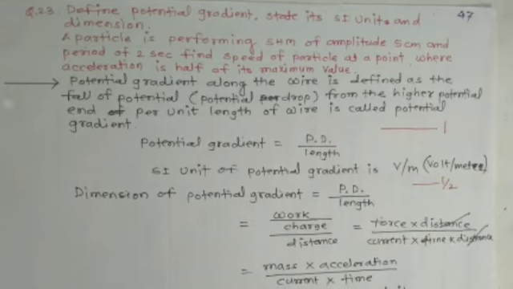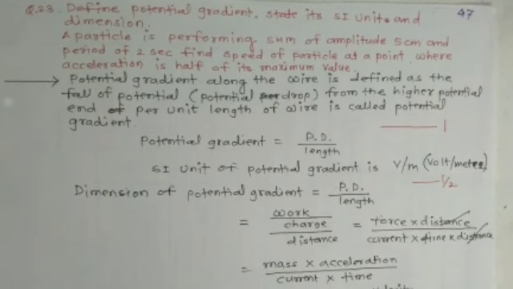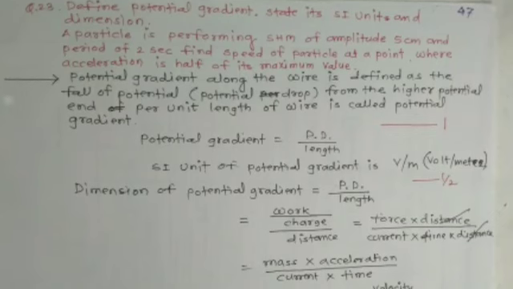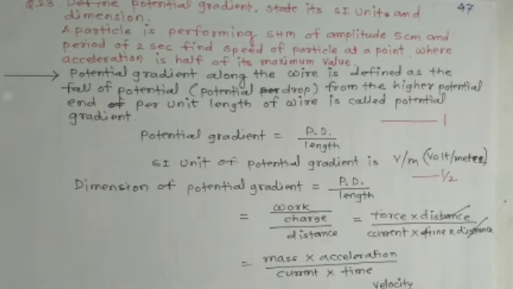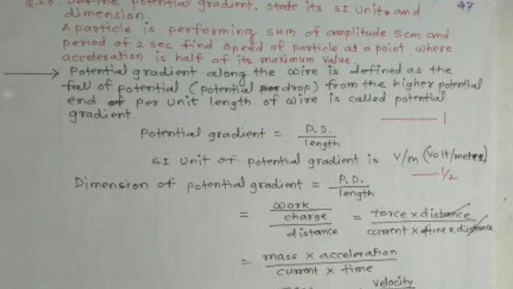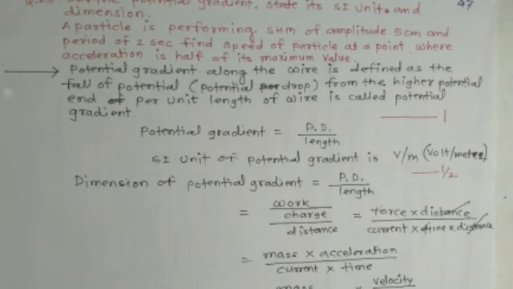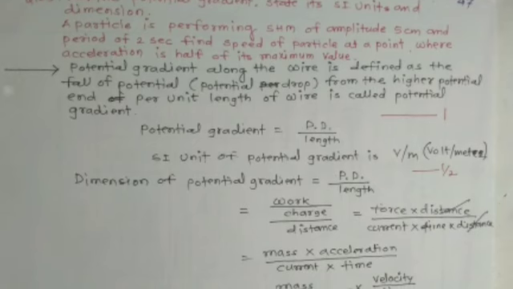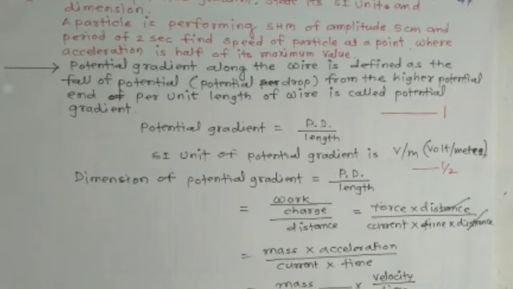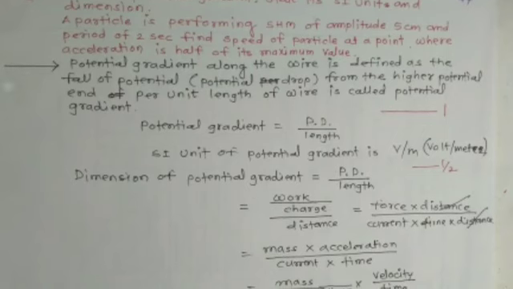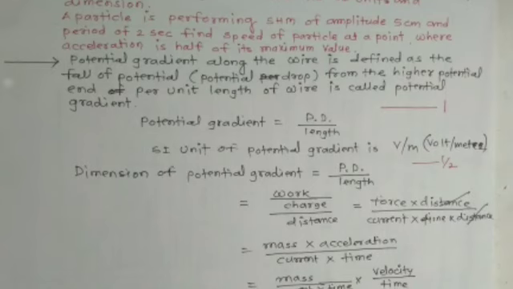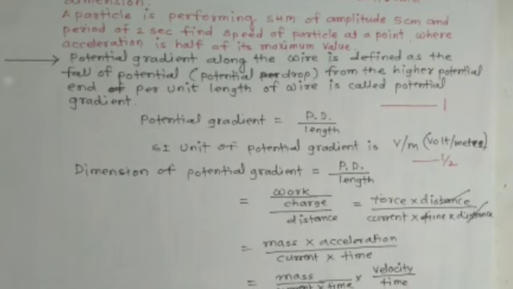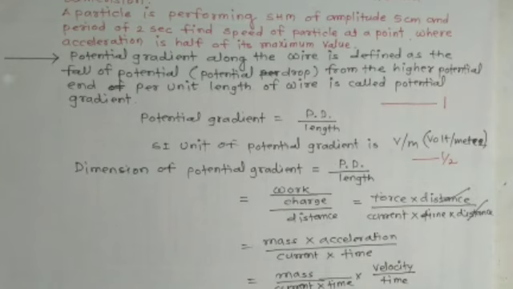Question number 23. Define potential gradient. State its SI unit and dimension. A numerical: a particle is performing SHM of amplitude 5 cm and period of 2 seconds. Find speed of particle at a point where acceleration is half of its maximum value.